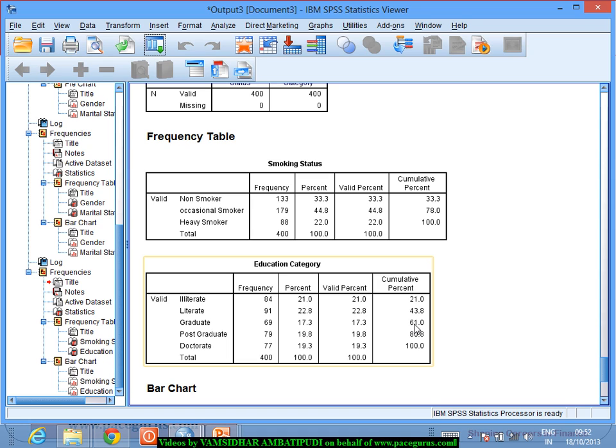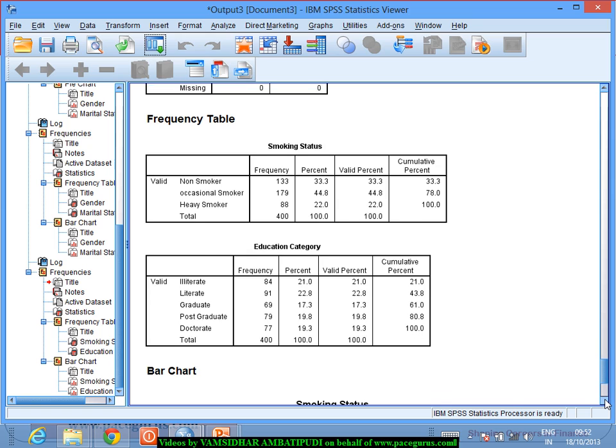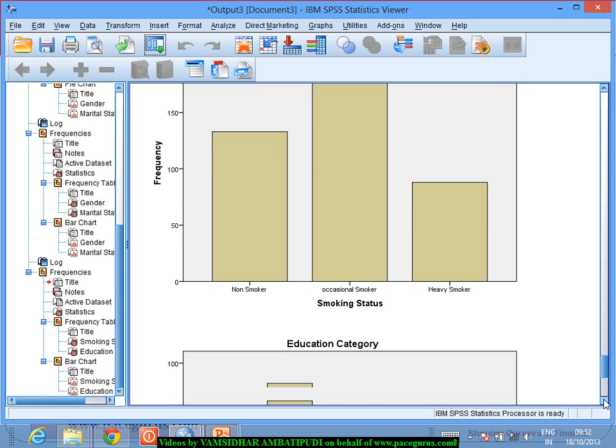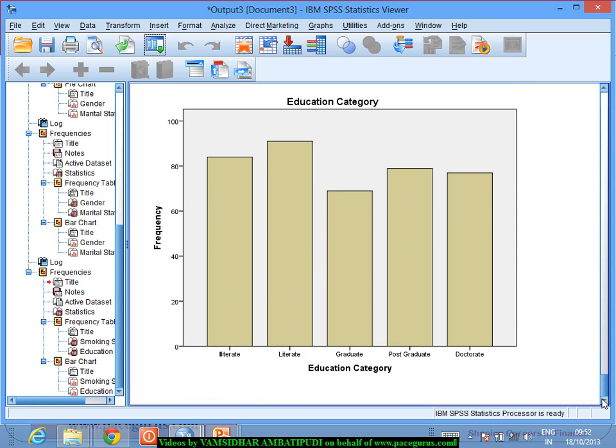Except for that, rest all the things will remain more and more the same. Even if you look at the bar chart, you can very well assess the frequencies of each of the groups. Even in case of education categories, probably there are very few graduates in my group compared to the literates. So such kind of a quick analysis can be done on the ordinal data also.